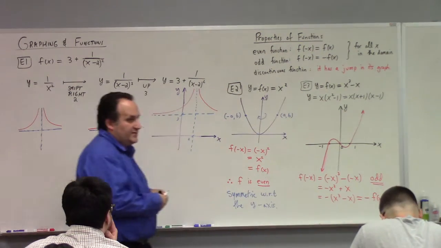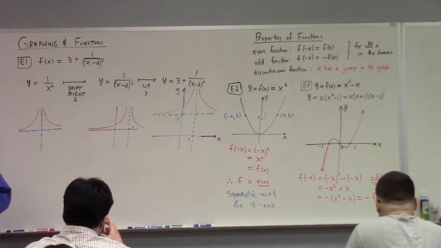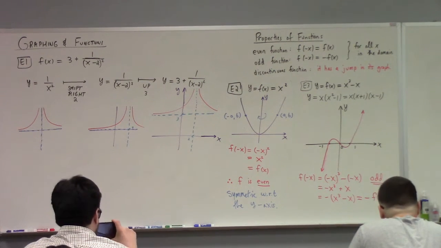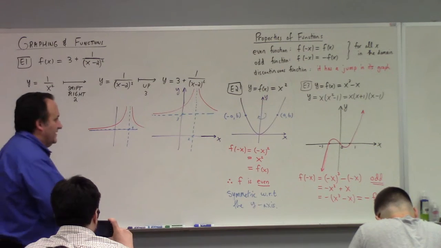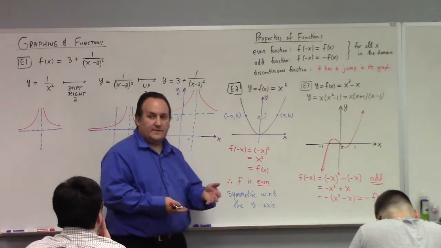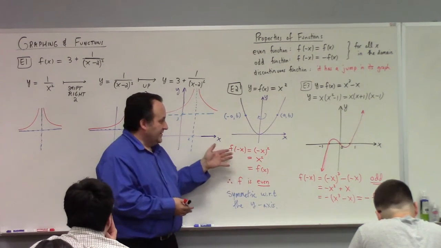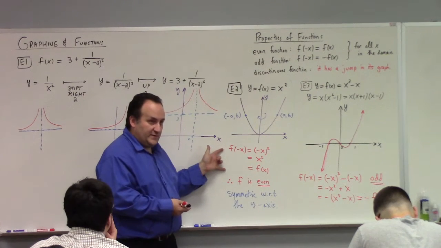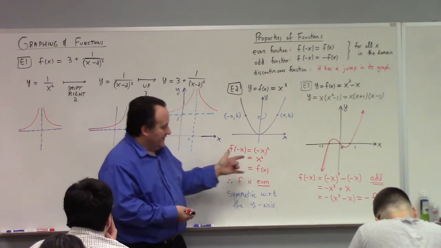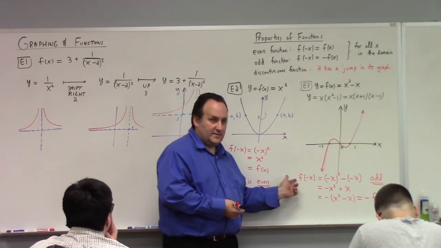It's an odd function because we just showed that f of minus x is equal to minus f of x. Right? If I ask you on a quiz or a test for an algebraic argument that a given function is even or odd, this is what I'm talking about. These are algebraic arguments that show the function's even. This is an algebraic argument that shows the function's odd, right?